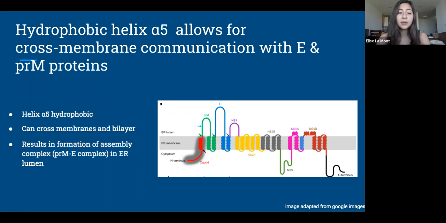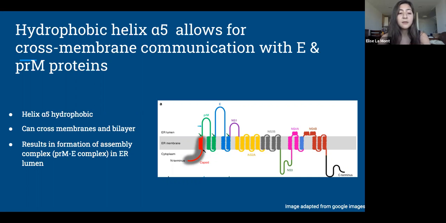However, viral assembly involving only E and PRM proteins is unable to produce Zika icosahedral particles, so we know that the capsid's role in viral replication is necessary. Thus, the alpha 5 helix is vital to perpetuating the cycle of infection because it facilitates communication between the rest of the capsid protein that sits outside of the ER membrane and the glycoproteins that are embedded in the ER lumen.